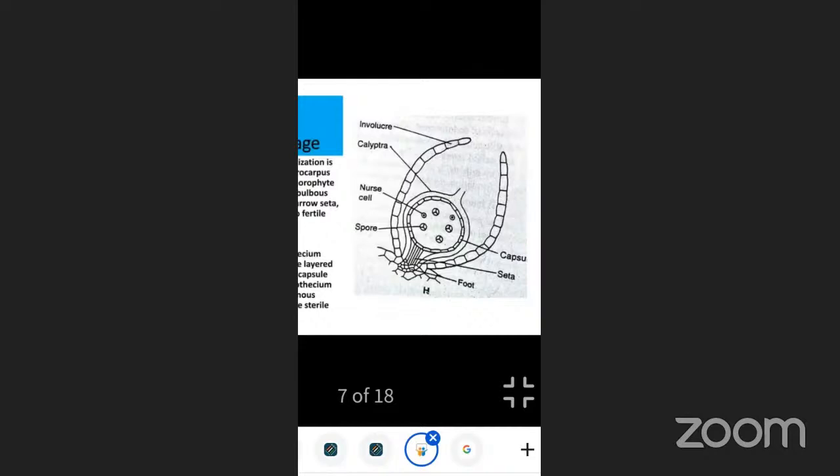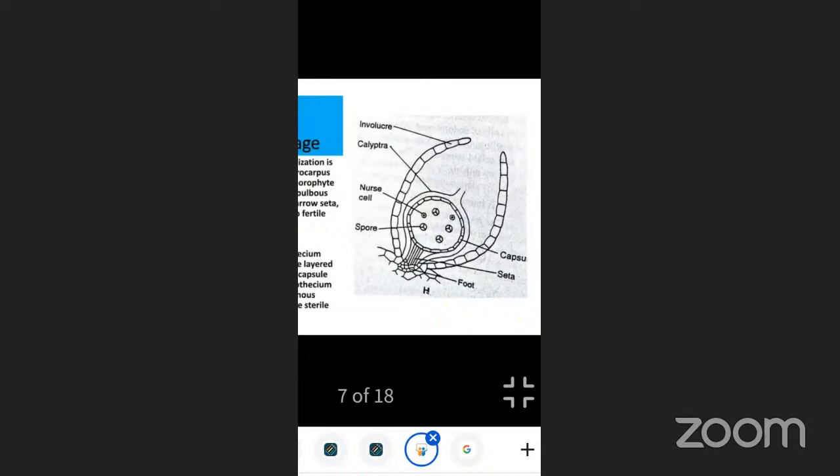Spiral thickenings and hygroscopic nature are present. So these elaters are involved in the spore dispersal mechanism. Some archesporial cells also convert into sterile apical cells.